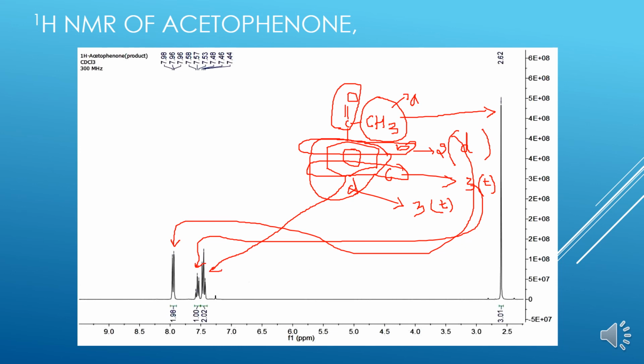Para and meta protons are triplets here, ortho is a doublet, and this one is a singlet. Totally four peaks are observed: one for the methyl group protons, and three for the aromatic ring.